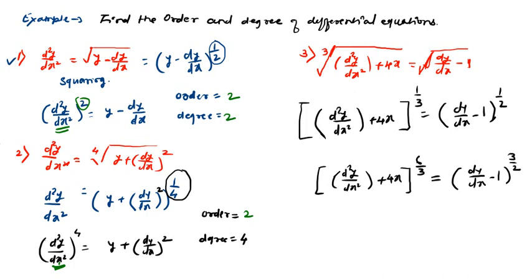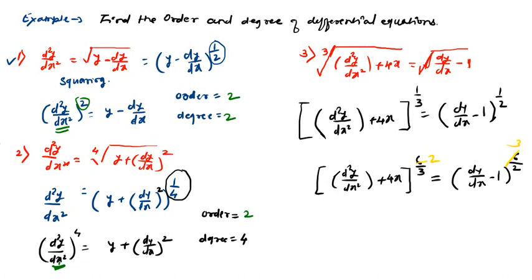So finally what we will get is this raised to 2 and this raised to 3, sorry, this raised to 3 and this raised to 2.